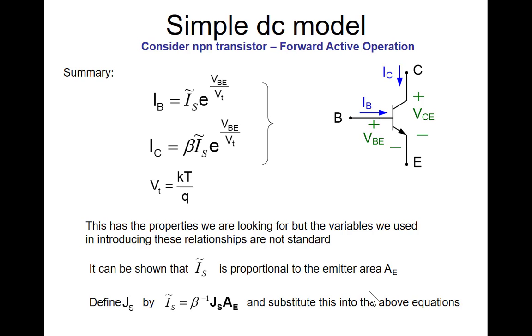If I do that, I can go back to this equation and replace IS tilde by beta to the minus 1 JS AE. So I just define a new parameter. By the way, people will know what you're talking about when you use this parameter.